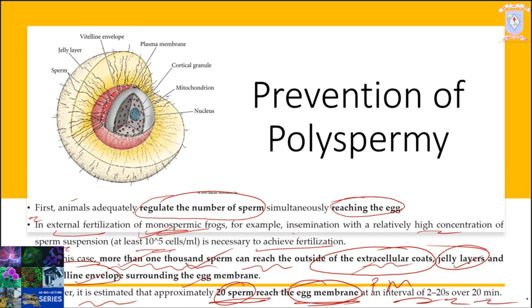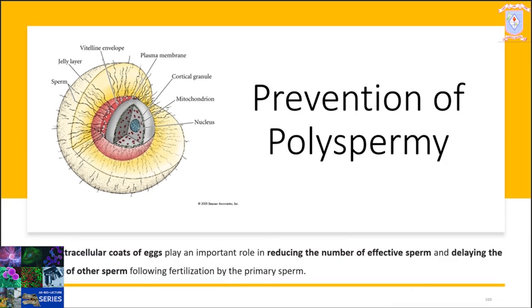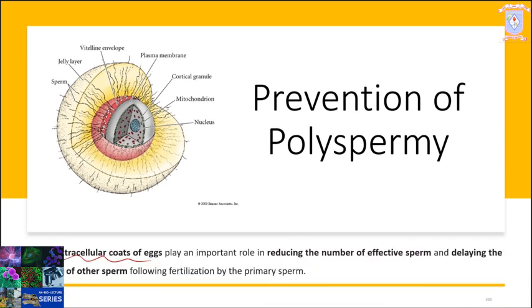over 20 minutes. So based on these two interesting facts about the number of sperm that reach the egg cell membrane, only 20 sperm at intervals of 2 to 20 seconds over 20 minutes, we can conclude that the extracellular coats of eggs, that is the egg jelly and the vitelline envelope, play an important role in reducing the number of effective sperm and delaying the arrival of other sperm following fertilization by the primary sperm.